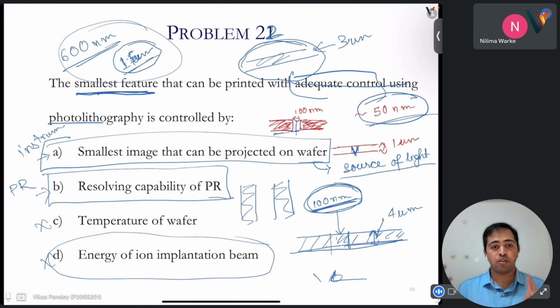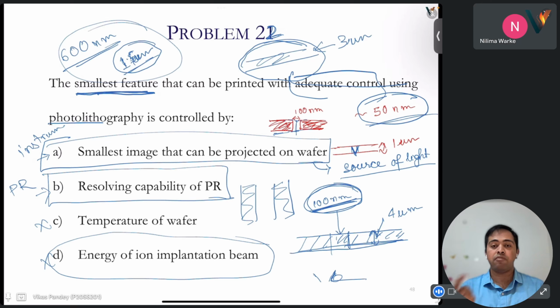Yes. So whenever we are going for photolithography, it is not only about the machine or the instrument that we have, it also depends on the type of coating you are doing or the type of PR you are using. That is why PR plays an important role depending on what purpose you are going to use it for.